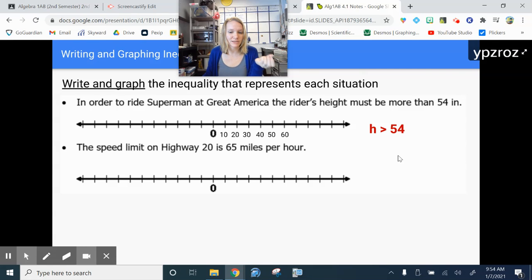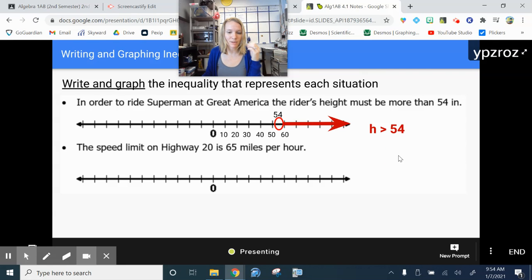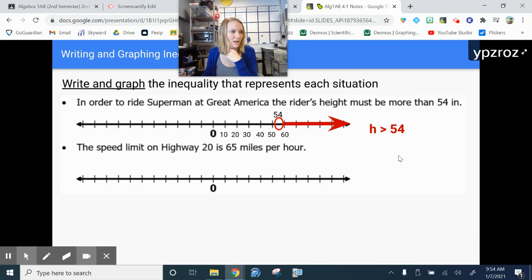To graph that, we estimate where we think 54 is on the number line, and then make an open circle because it's just a greater than, and open to the right because it's a greater than symbol. So we estimate where 54 is on this graph, and then we shade to the right.